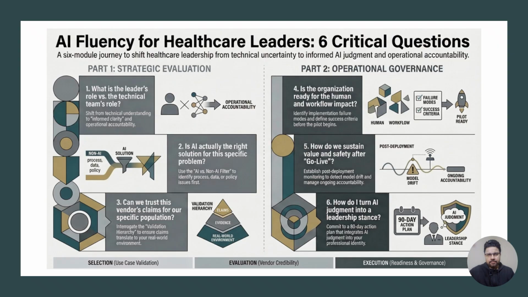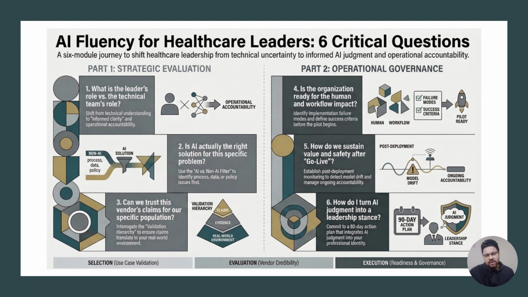Okay, so just before we dive in, it is important to understand the structure of this course. This is what you are seeing in the slide here. This course is built around six critical questions that healthcare leaders increasingly face while dealing with AI.